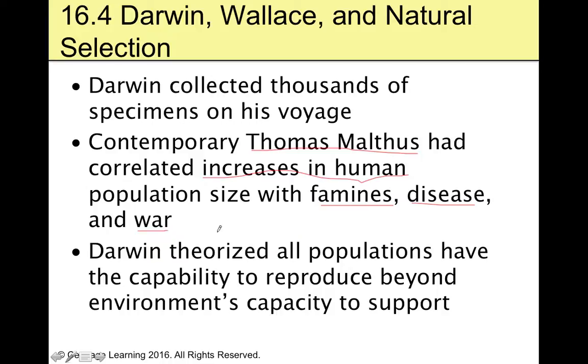And so Malthus publishes this idea that basically is like this. Human populations can grow faster than the environment that can support them. And when the human population overshoots what the environment can support, we are stressed. So we either starve and die, we get sick and die, or we go for somebody else's resources and we start a war.